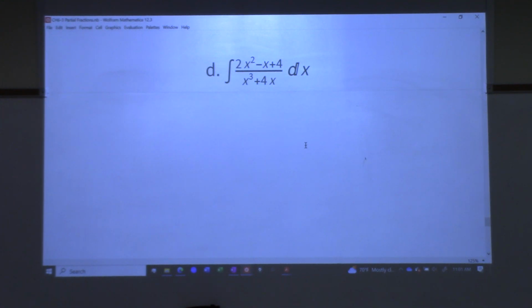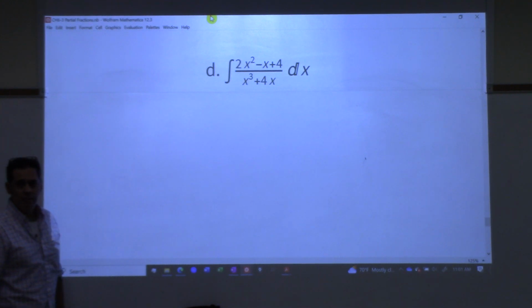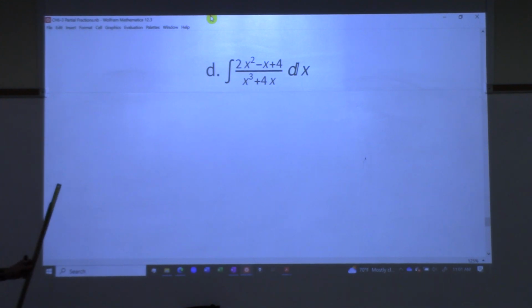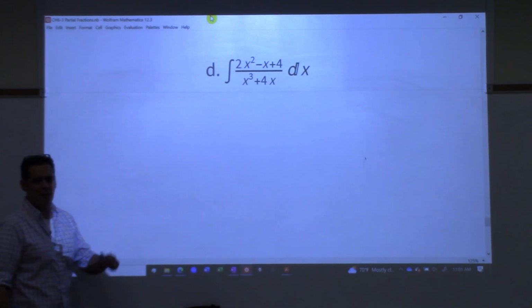Your calculators, have them ready. We will draw on them when it's time. We're going to start this new problem. It's a rational function inside the integral, right? Polynomial divided by a polynomial. I also maybe would think about a u sub because this is cubed and that's squared, but it's not going to work.